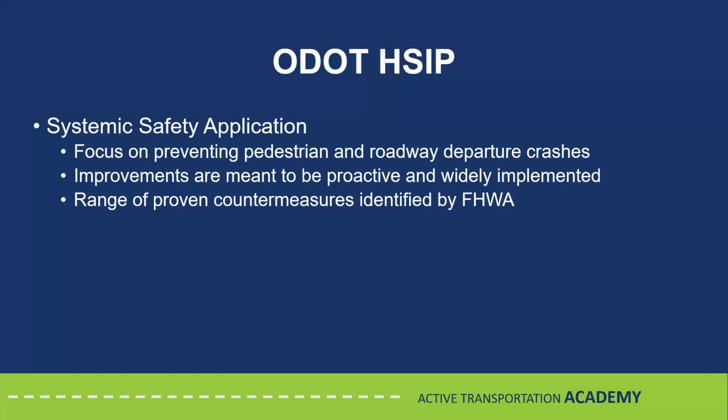Systemic safety improvements are meant to be proactive, as we've talked about, and widely implemented based on roadway features that have been associated with specific crash types. FHWA has identified a range of proven safety countermeasures that prevent these crashes, and ODOT wants to encourage widespread implementation of these safety improvements. Project sponsors can request up to $2 million for pedestrian and $5 million for roadway departure safety improvements.